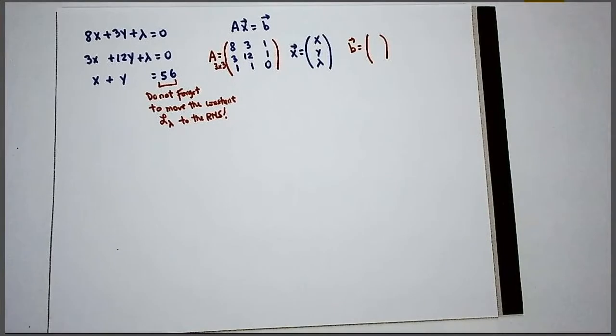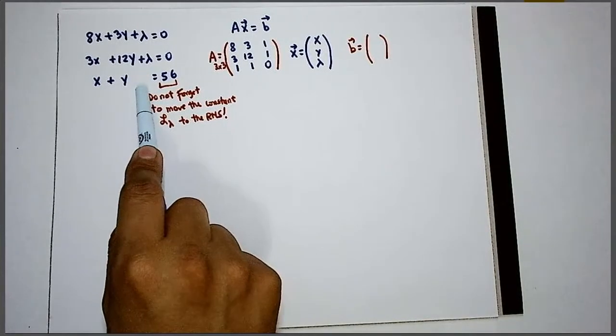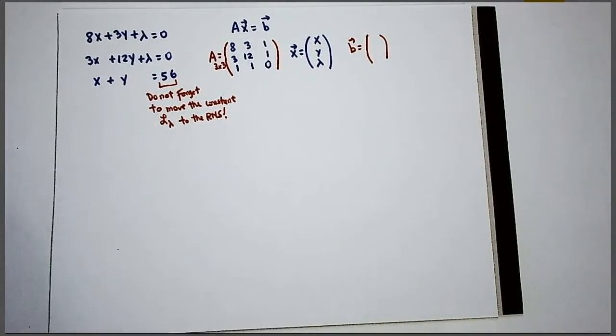That is a very common mistake, so please be careful with that. Because if you continue having it here, you will not be able to use Cramer's rule.